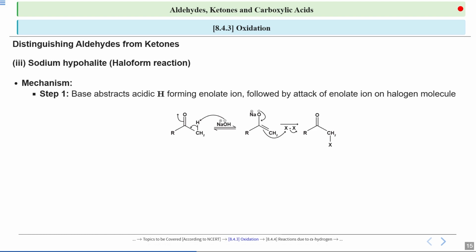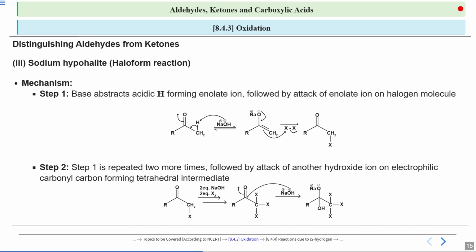And when it abstracts this acidic hydrogen, you will get an enolate ion. Okay, and then this enolate ion attacks a halogen molecule, which is X2, giving us a halogen substituted carbonyl product. So this last one, RC double bond O, CH2X, is a halogen substituted carbonyl product.